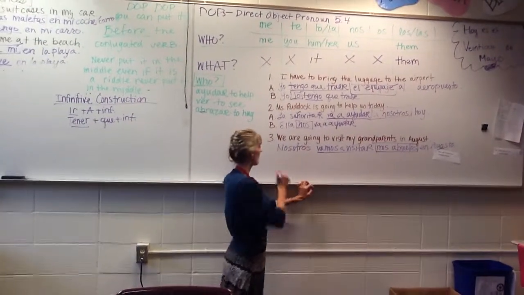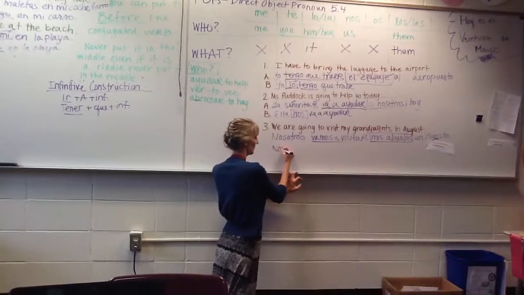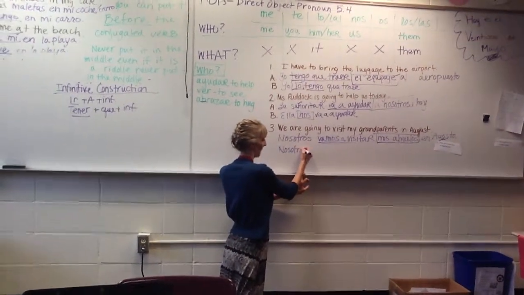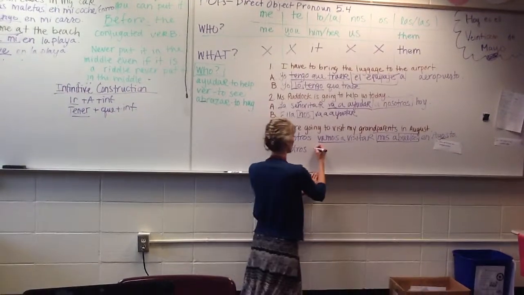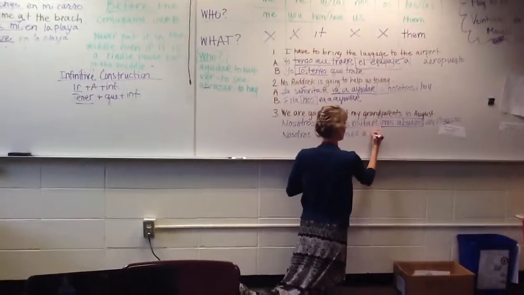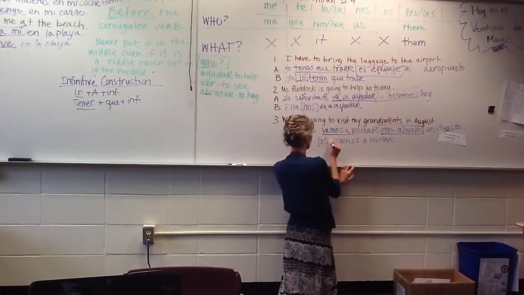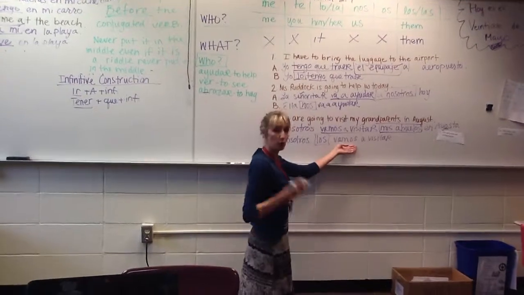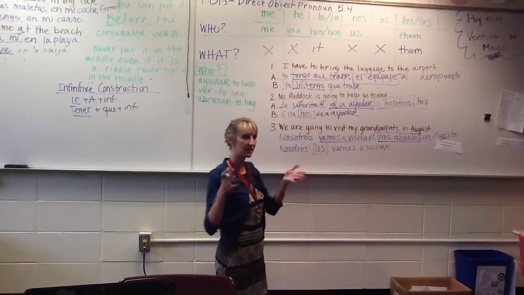Now, in our part B, we're going to rewrite it and say nosotros. You said you wanted los, Hunter? Sí. Los vamos a visitar. We are going to visit. Who are we going to visit? Them. Is this making a little bit of sense?